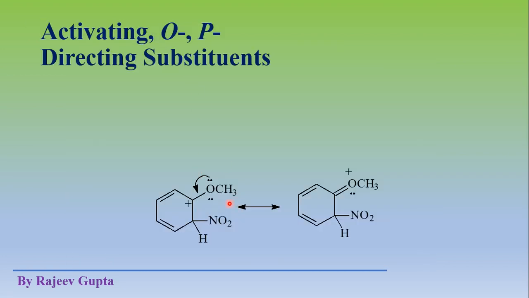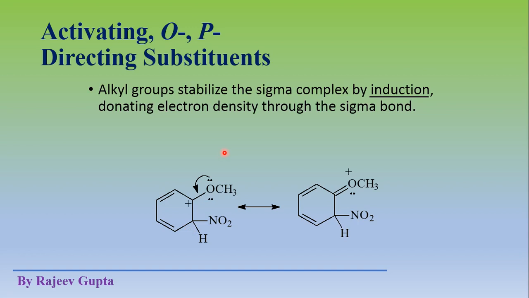But some groups contain lone pairs, like this methoxy group. In the oxygen atom we see lone pairs are present. So due to the presence of lone pairs in this functional group, this type of group becomes more reactive and more directing to this carbon skeleton, to this ring system. So here is the example of this methoxy group.